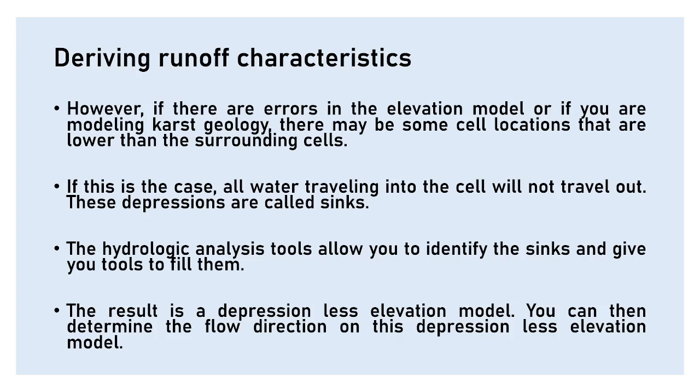All water traveling into the cell will not travel out. These depressions are called sinks. The hydrologic analysis tools allow you to identify the sinks and give you tools to fill them. The result is a depressionless elevation model. You can then determine the flow direction on this depressionless elevation model.